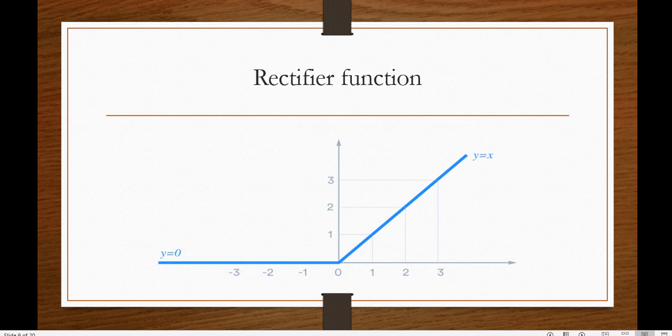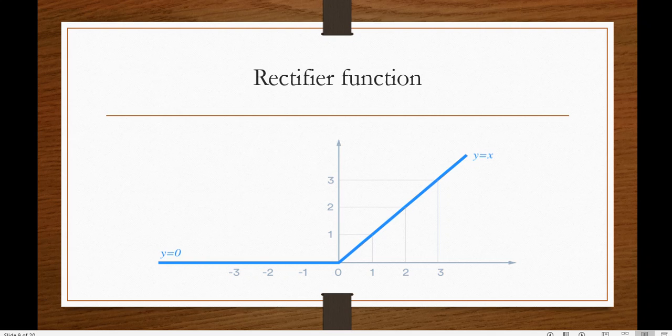If you follow this curve, you will understand that up to x equal to 0, y equals 0. And as x moves from 0 towards the positive axis, the value of y equals x. So I can conclude that when x is less than or equal to 0, y equals 0, and when x is greater than 0, y equals x.